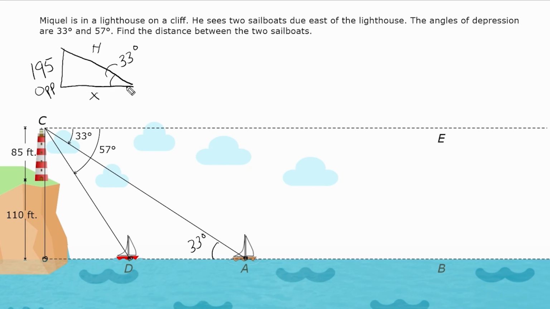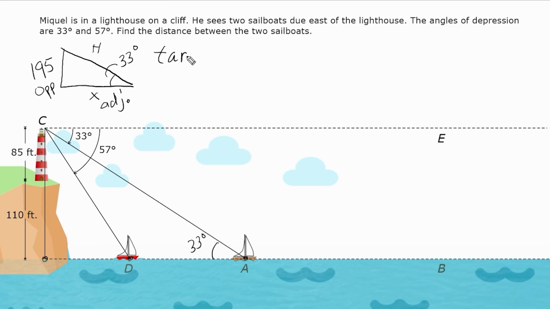And this side right here is going to be our adjacent line relative to this angle. So what trig function is formed by the opposite side and the adjacent side? Well, that would be a tangent function.